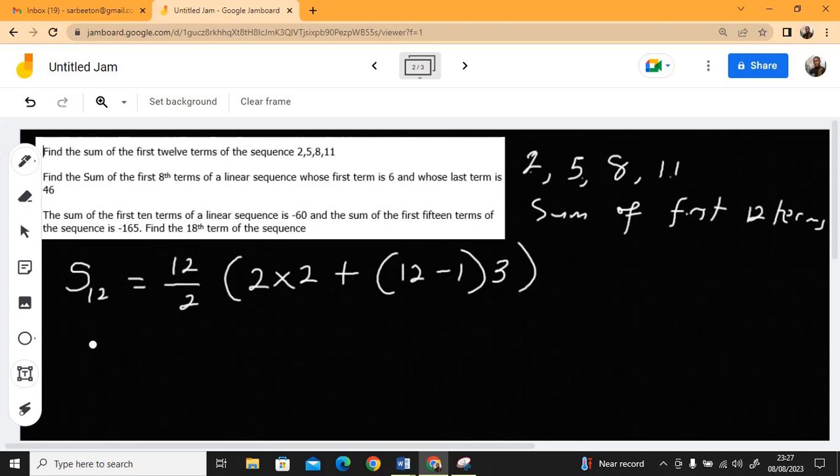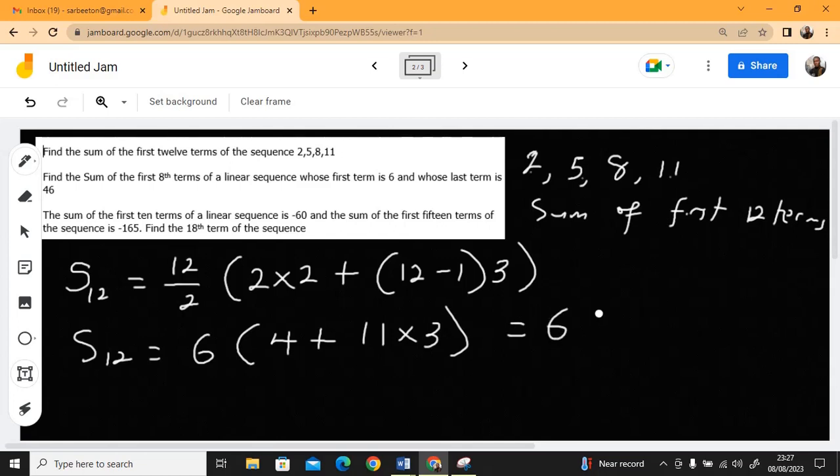So here you have S12 equals 12 divided by 2, which is 6. 2 times 2 is 4, plus 12 minus 1, which is 11, times 3. So we have 6, then 4 plus 11 times 3. 11 times 3 is 33. 4 plus 33 is 37.